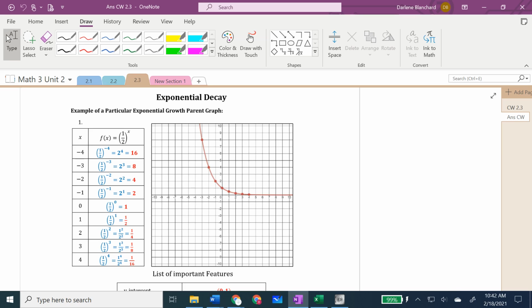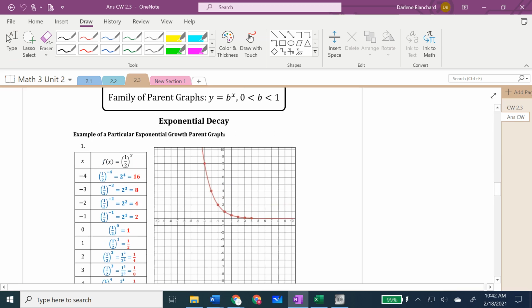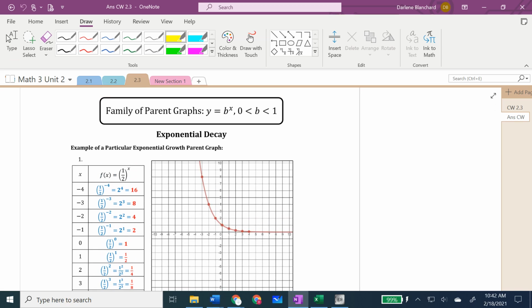Now, this is a specific exponential decay. Decay happens when the base number is between 0 and 1. The problems that I'm going to give you, I'm only going to give you fractions where the numerator is 1. And what I want you to see is no matter what the base is, even if it's growth, it goes through this point.